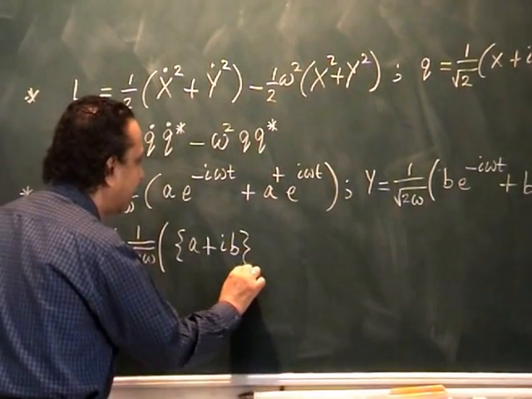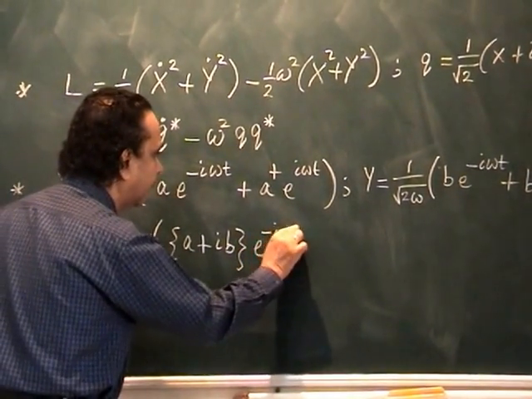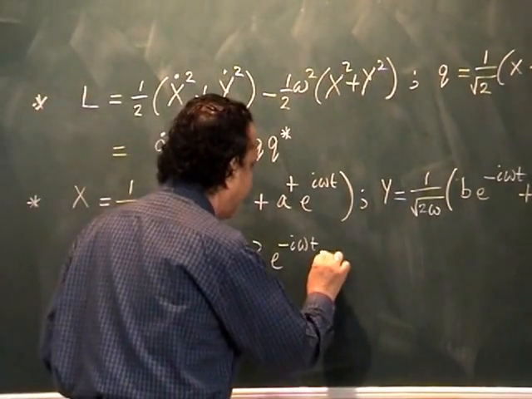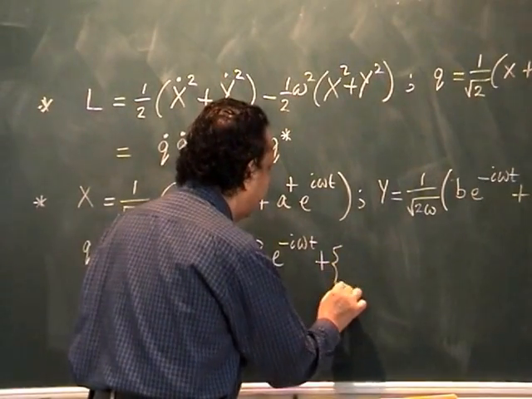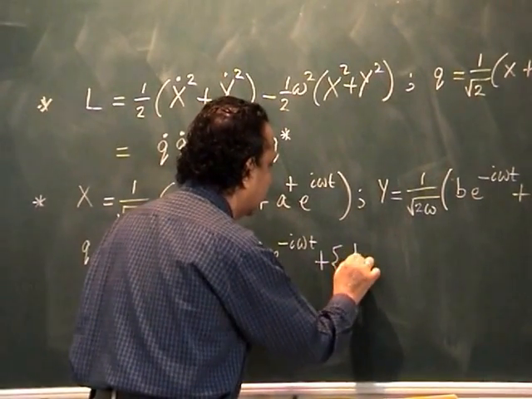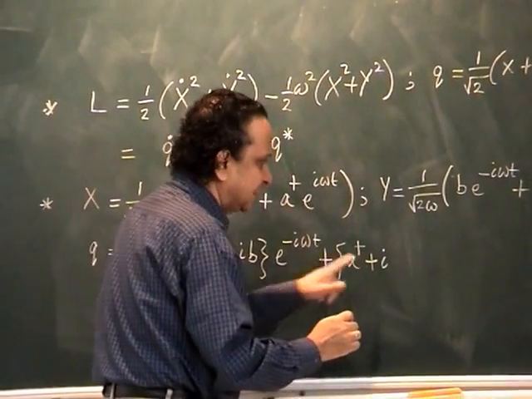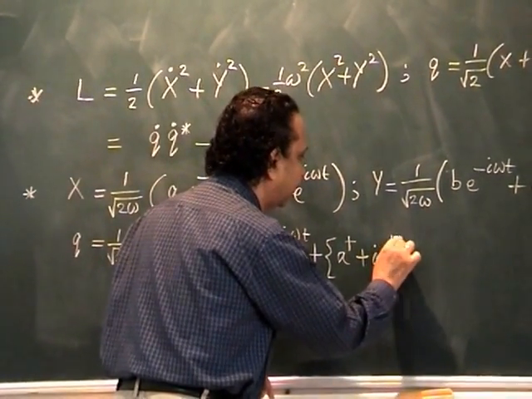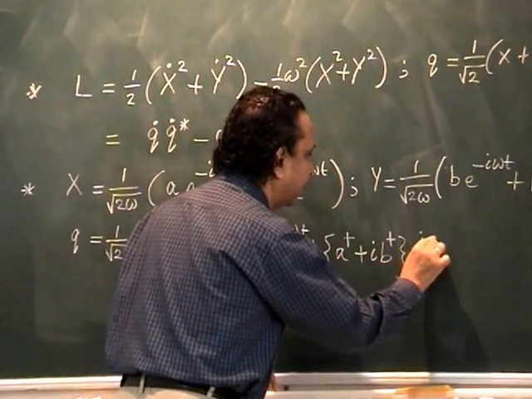So a plus ib, e to the minus i omega t, plus a dagger plus i, this plus is crucial, b dagger, e to the i omega t.